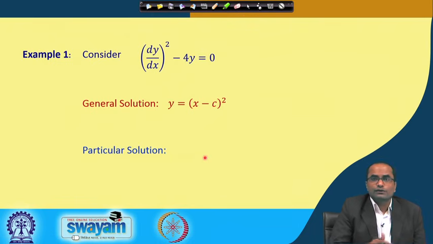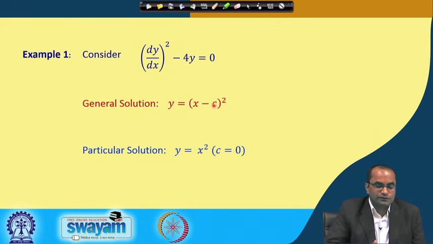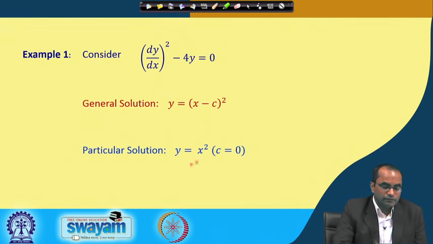Particular solution. If we assign any value to this c, because for any value of c it is a solution. So, for instance, y is equal to x square is also a solution of this differential equation, by setting c to 0. But now this is a particular solution, it is a fixed parabola.